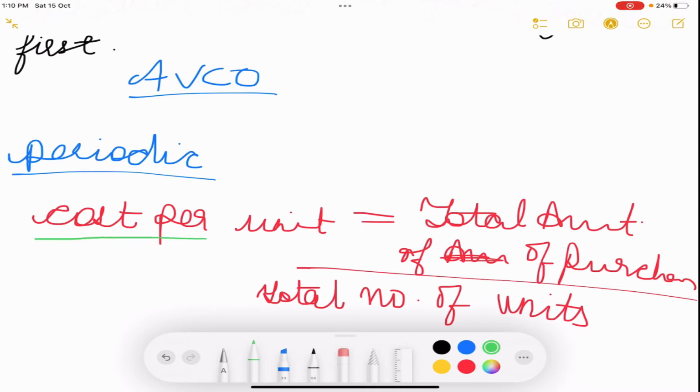The cost of one unit will be equal to the total amount of purchases divided by the total number of units. This will be given in the question. You just have to divide the two to get the cost of one unit. Using this you will be finding the periodic method. No doubt, this is the only formula, and we will be doing that now.